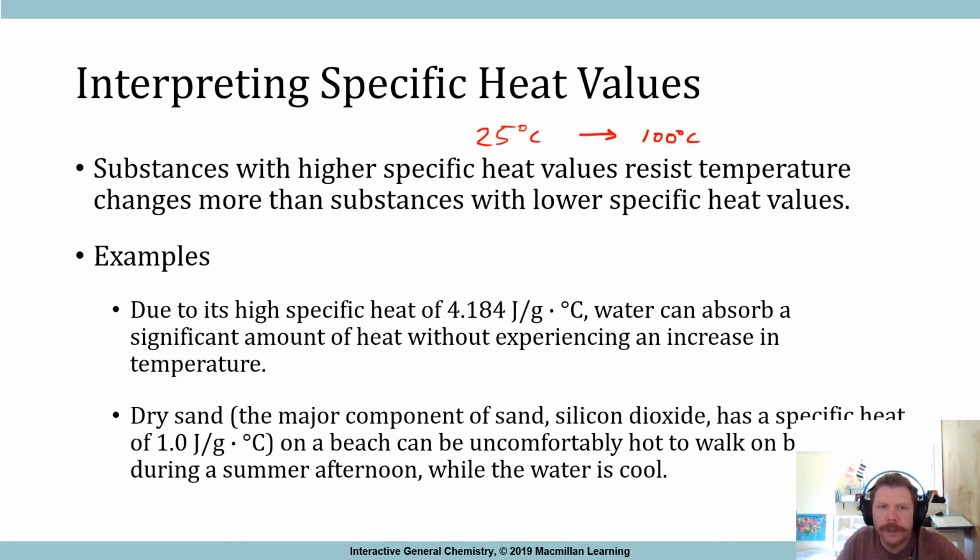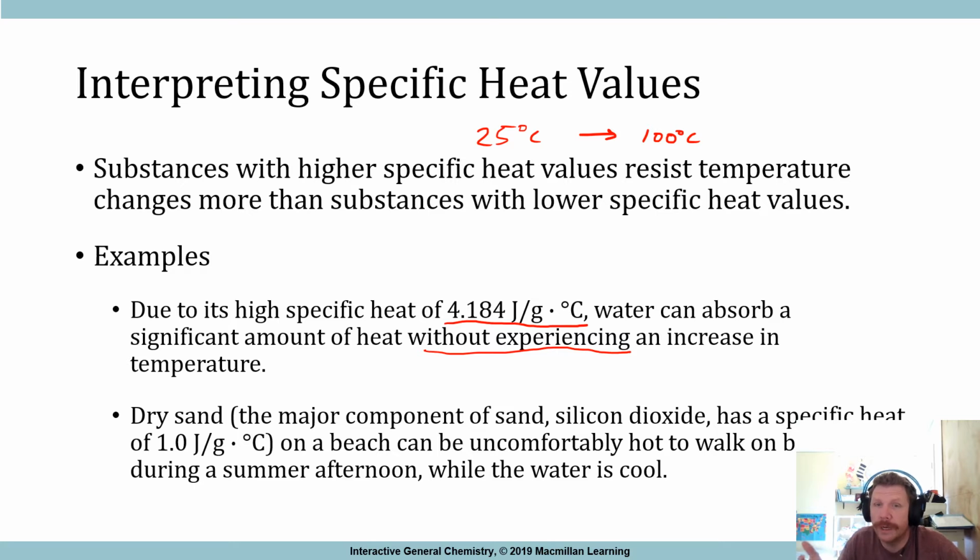Now, examples. Due to the high specific heat of water, 4.184 joules per gram degree Celsius, water can absorb a significant amount of heat without experiencing an increase in temperature. So you can add a lot of energy or heat to water, but you might not actually see that temperature change.